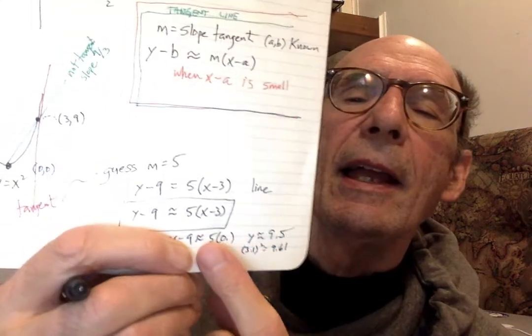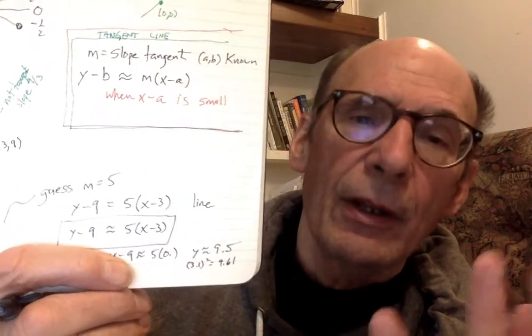So y is approximately 9.5. And in fact, 3.1 squared is, oh, I didn't write it down, sorry. I think it's 9.61. You can multiply it out or get a calculator. So we come up with 9.5, and the actual value is 9.61.